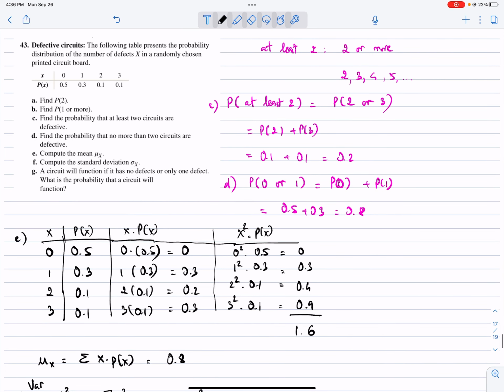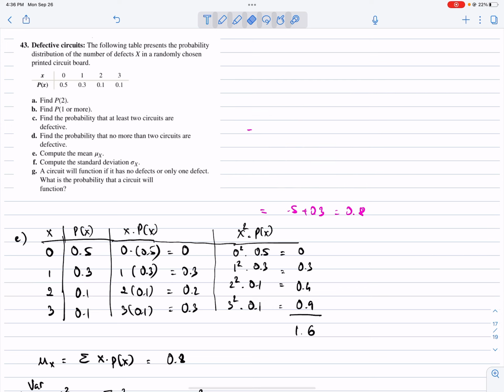For problem G, the circuit will function if it has no defects or only one defect. So we want to find the probability that it works. That means we want to find the probability of no defects or one defect. We have the word or as a keyword, so we use the addition rule.